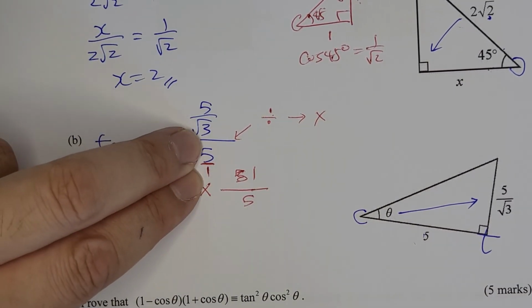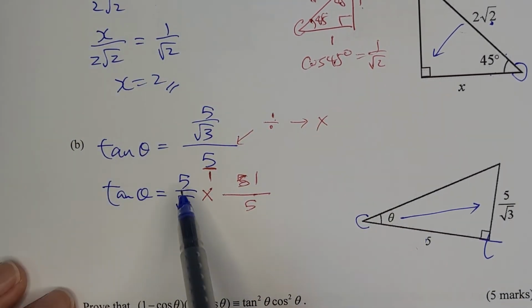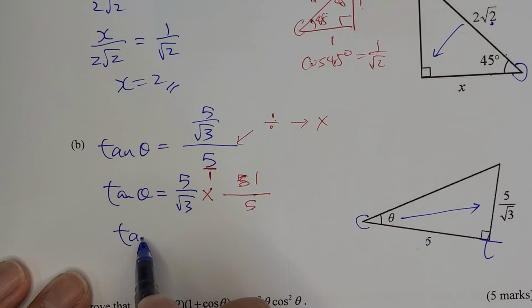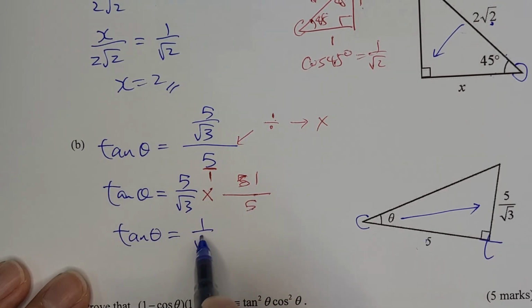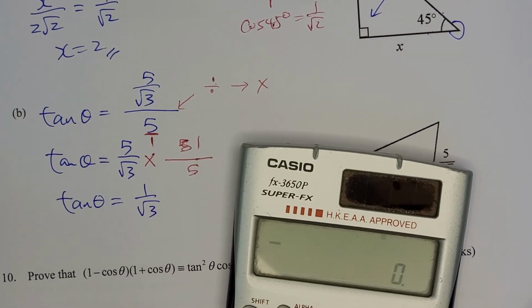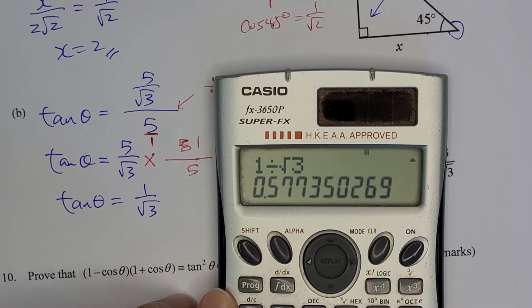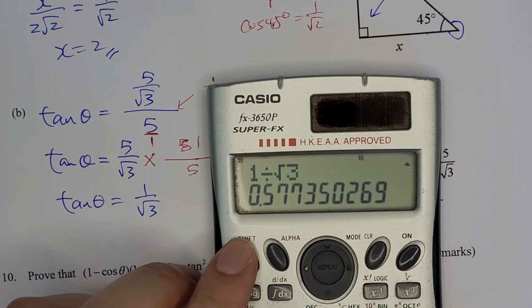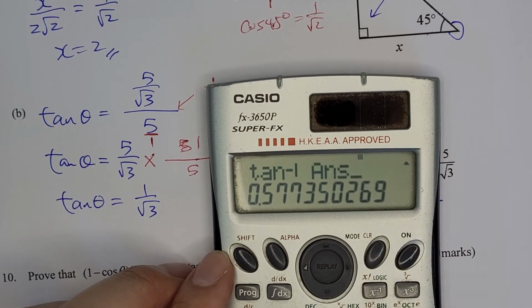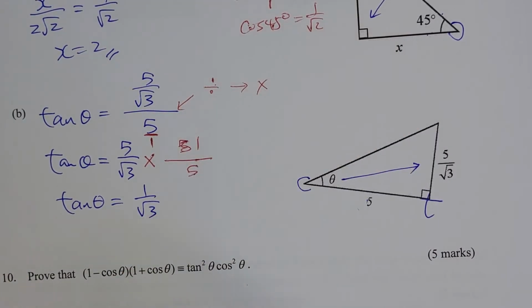Just swap the fraction in the denominator. So cancel these two numbers. Tangent theta equals 1 over square root 3. And how do we get theta? First of all, press 1 over square root 3. You get 0.57 something, and then shift tangent, answer, EXE. Theta is 30 degrees.